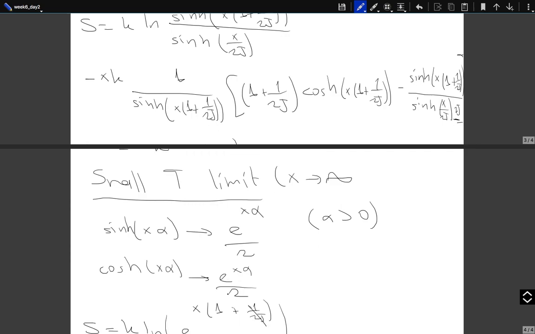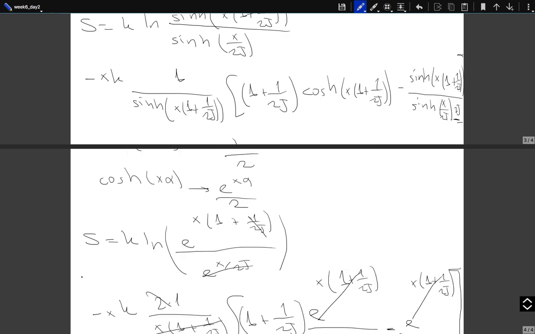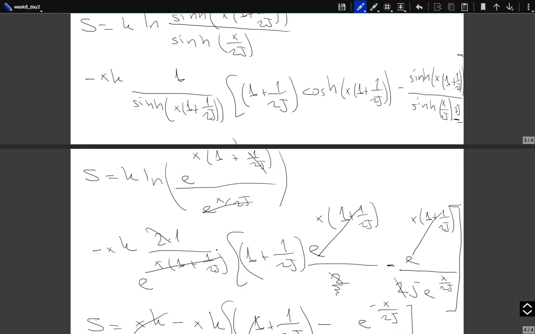This sine hyperbolic and cosine hyperbolic, I would say is correct. So S becomes k times, okay, there's no problem over there. So here we have minus x times k. Do we have an x? Yes, we have the derivative of x with respect to t. That x should be there.